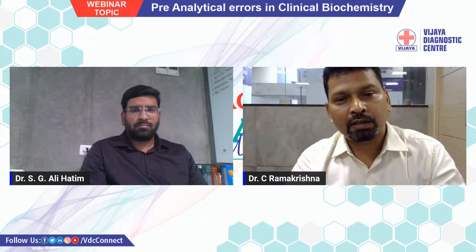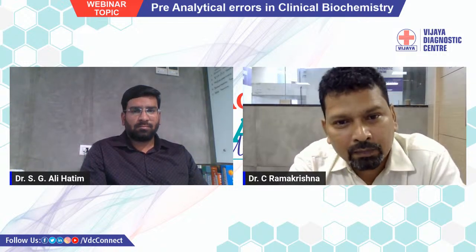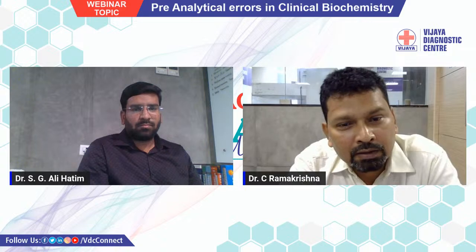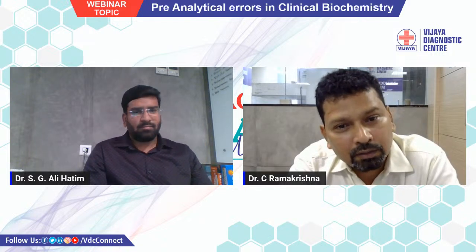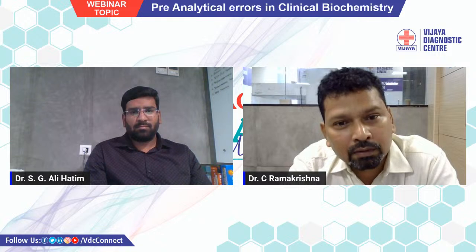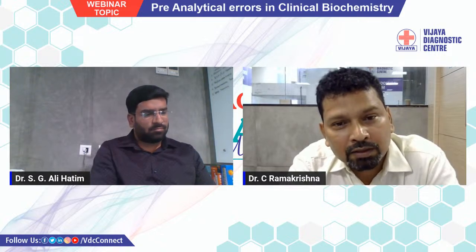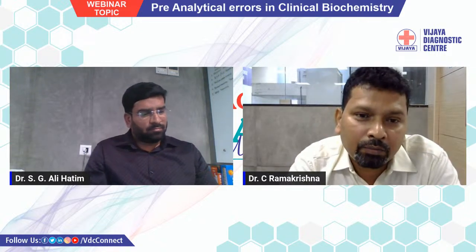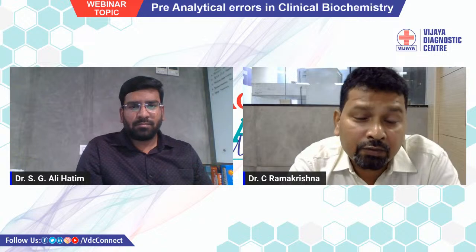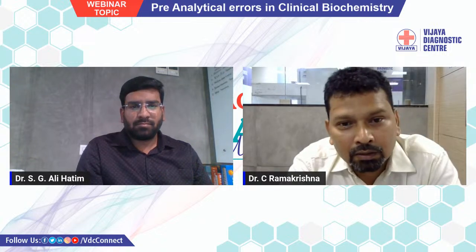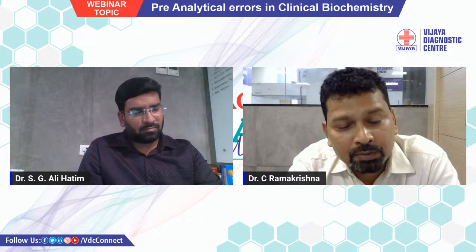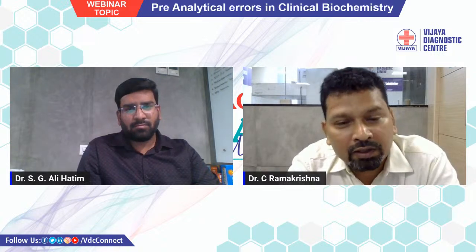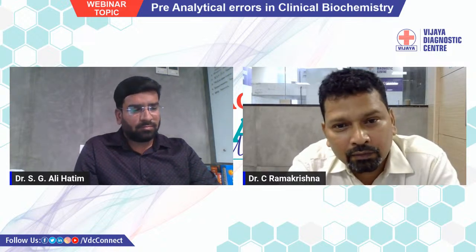So that is called proper mixing. Similarly for blood cultures, it is 8 to 10 times. And for gel tubes, it is 3 to 5 times. It is very essential because the additives and the sample need to be properly mixed, especially for the coagulation studies and all the various samples.